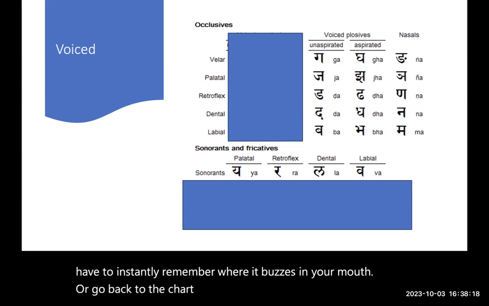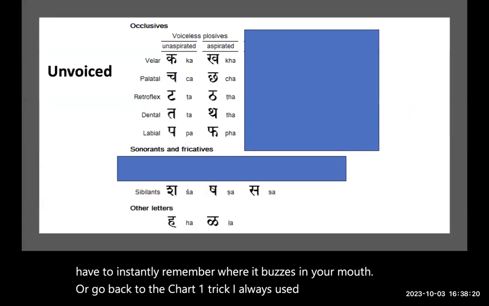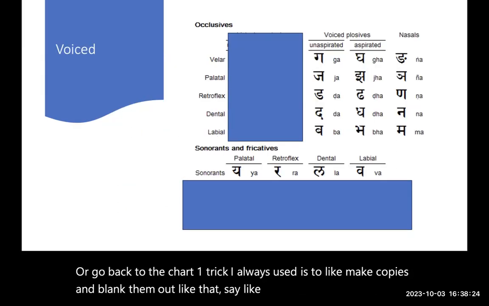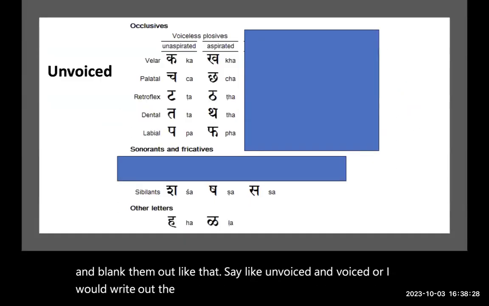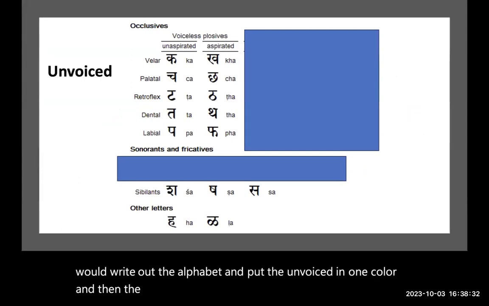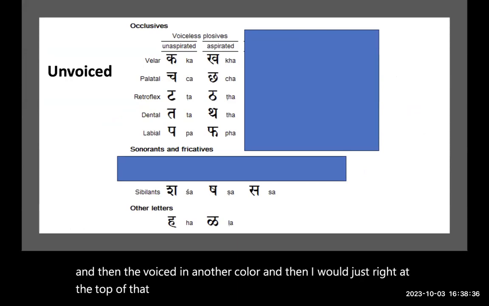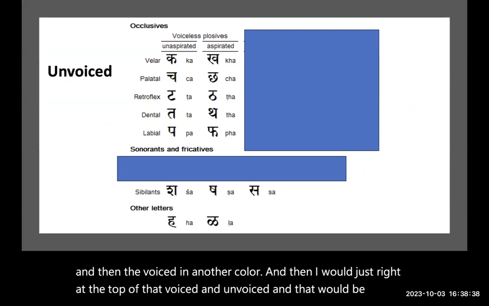One trick I always use is to make copies and blank them out, say like unvoiced and voiced. Or I would write out the alphabet and put the unvoiced in one color and then the voiced in another color. And then I would just write at the top voiced and unvoiced. And that would be the thing I would look at every time.